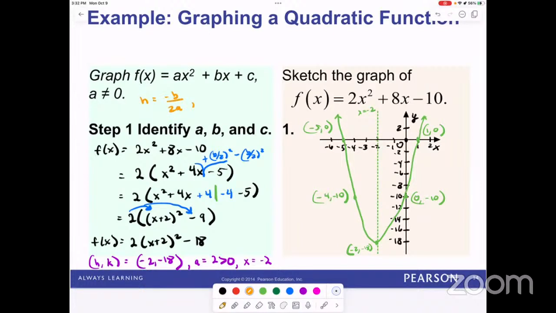So we plug in the b and the a. Once we find h, to find the k, the y-coordinate of our vertex, we say f of h. Whatever answer we get, we pass it through the function. Once we identify the coordinates of our vertex, we have our axis of symmetry, and whenever you get a point on one side of the axis, you automatically get a point on the other.